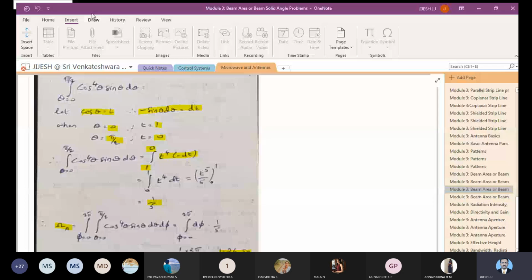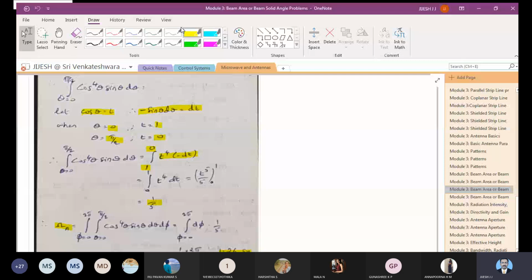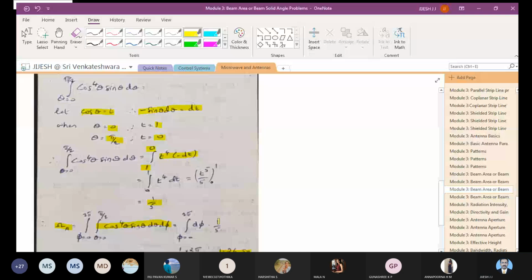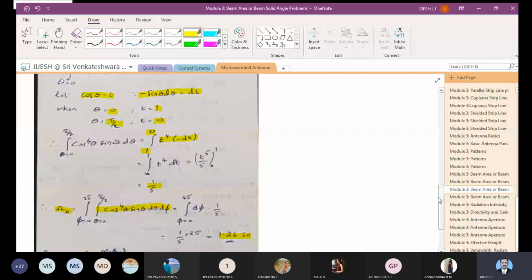We need to get the integral from 0 to 2 pi of d phi, and this answer you got as 1 by 5. So further when you simplify it, you will get it as 1.26. All of you got 1.26? Have you all got 1.26?